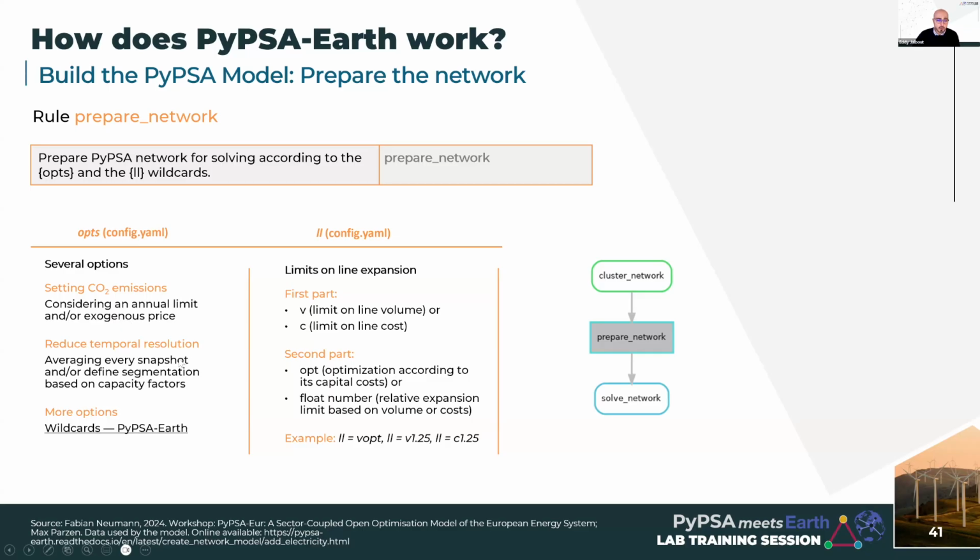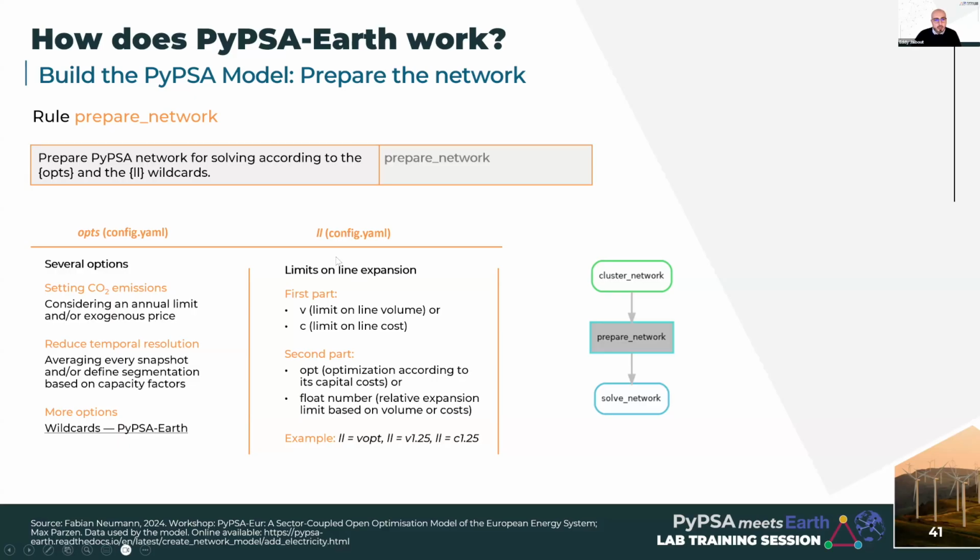For example, as we talked about, the snapshots can be hourly, 3-hourly, daily, and so on, because all the collected data earlier were on an hourly basis. And then we also have some additional wildcards for PyPSA-Earth, which are called SOPTS, but we won't dive into this now.